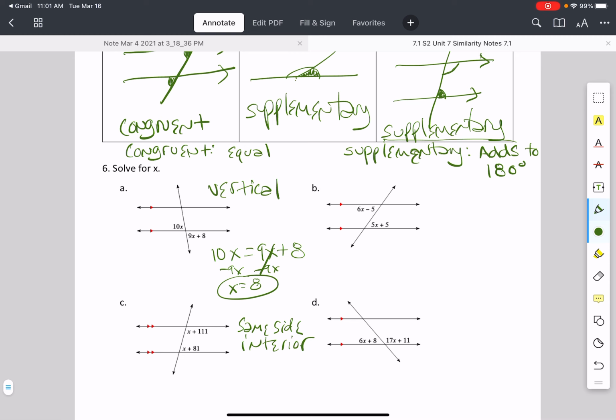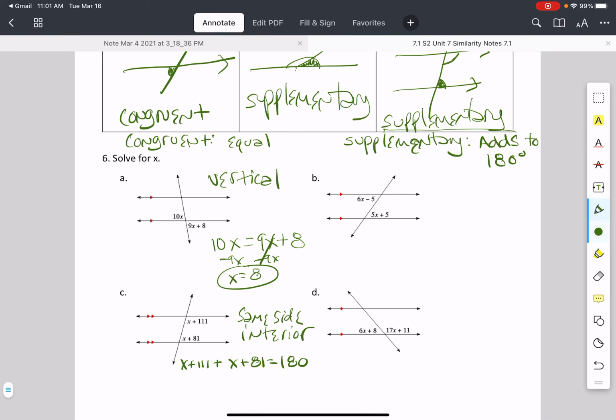So if it's a supplementary one, I'm going to add them together and set it equal to 180. I like congruent ones. Yeah, congruent ones are easier.